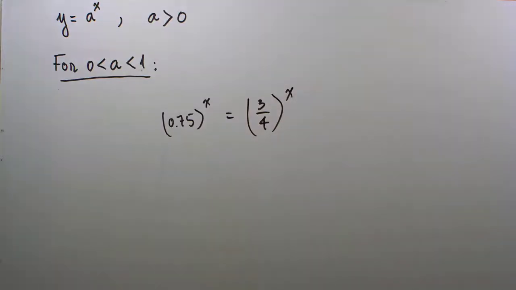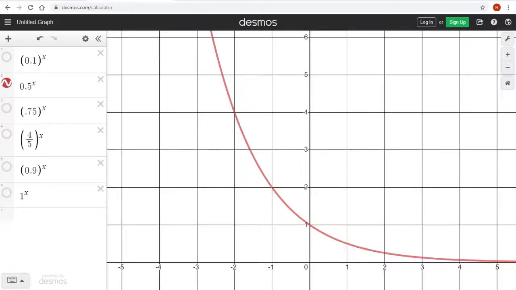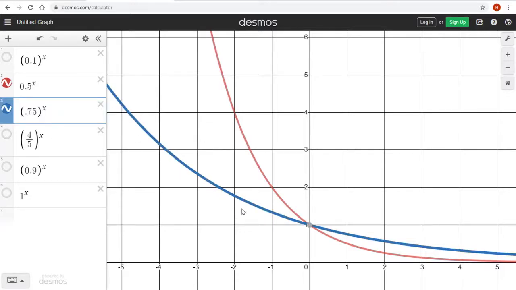Those two are essentially the same function. On our graphing calculator with Desmos, I'm going to quickly put on the graph, and the graph for 0.75 to the x is displayed in blue. So this blue curve right here is our graph for 0.75 to the x.